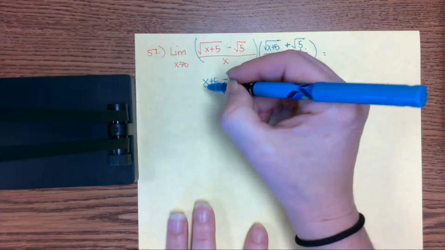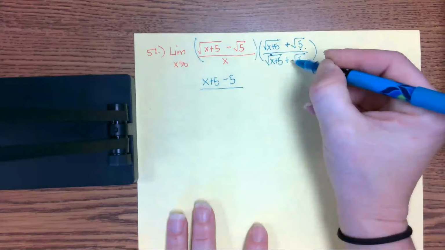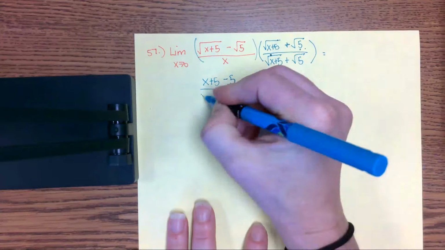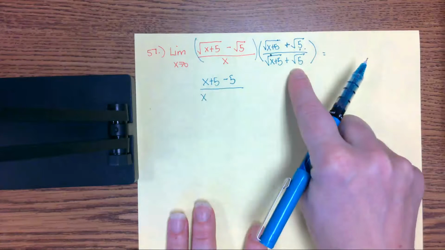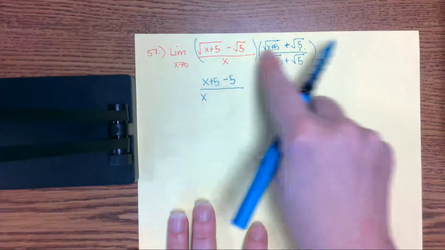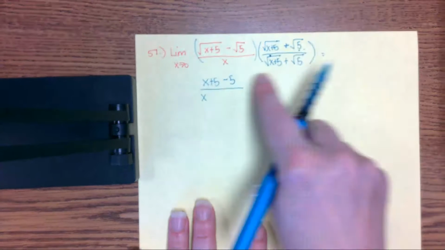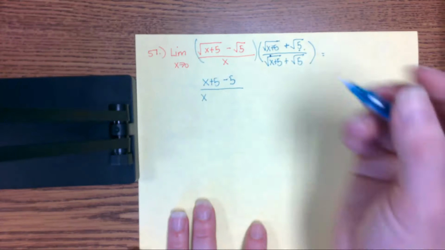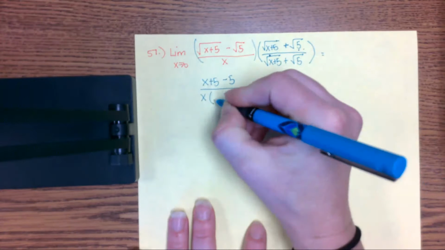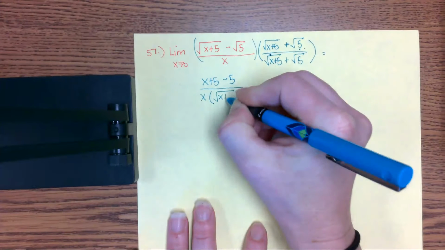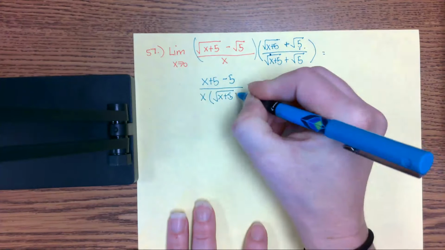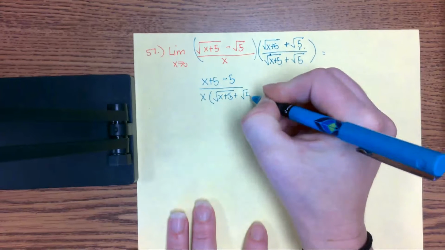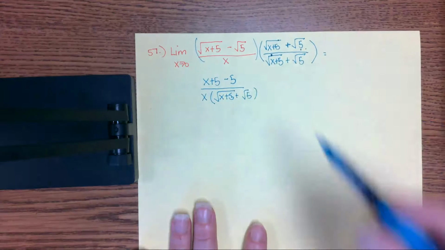On the bottom, I am not going to write this out, because the rationalizing part we do for getting rid of the top's radicals is not going to make anything prettier on the bottom. So I'm going to just leave it. Do you see how this cancels then?